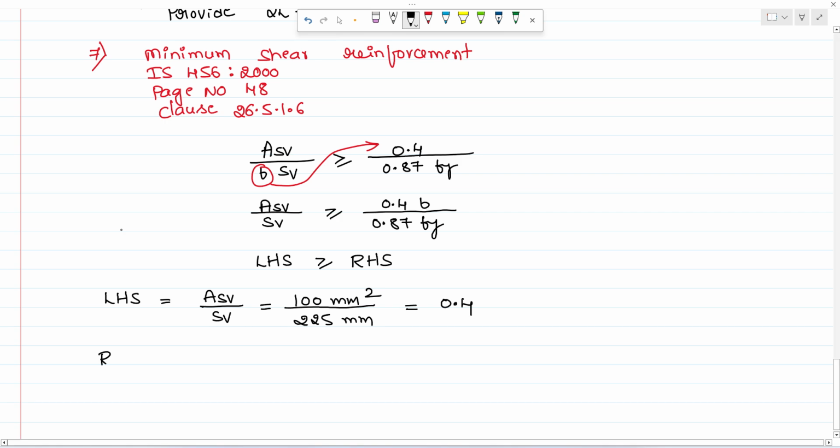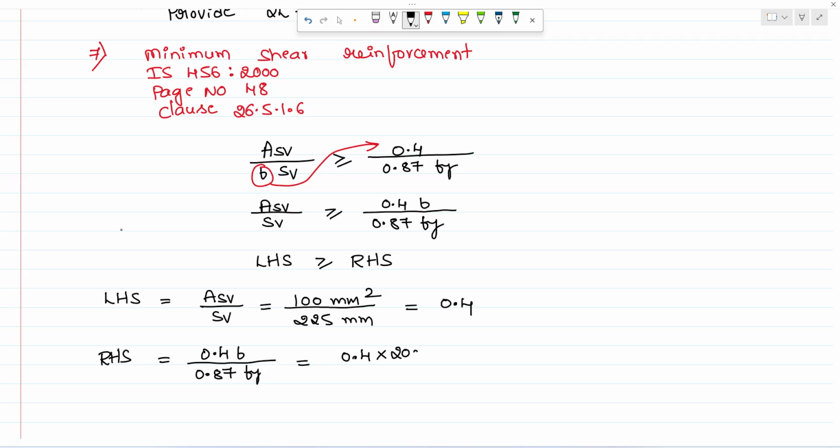Next I will calculate right hand side. Right hand side is 0.4 times B divided by 0.87 Fy, so 0.4 times width of the beam 200 divided by 0.87 Fy. Fy is 415.